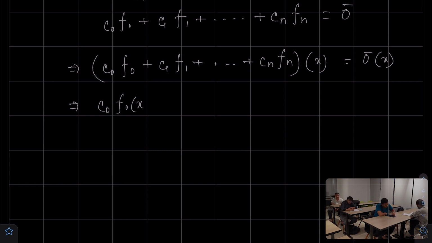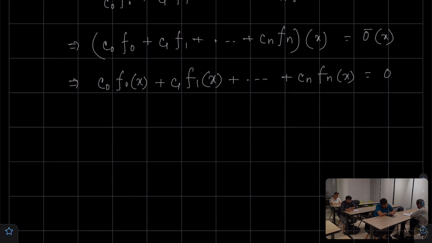That means c0 f0 of x plus c1 f1 of x plus ... plus cn fn of x is equal to 0.